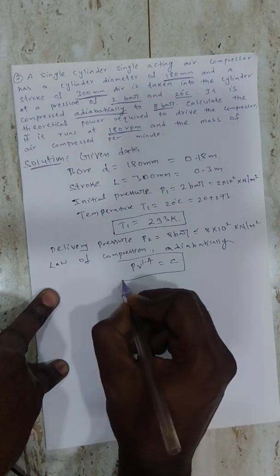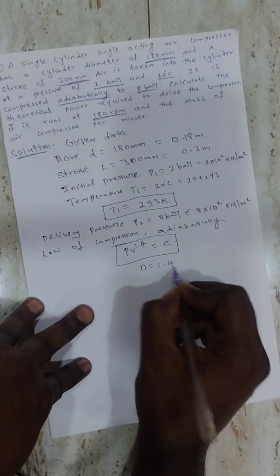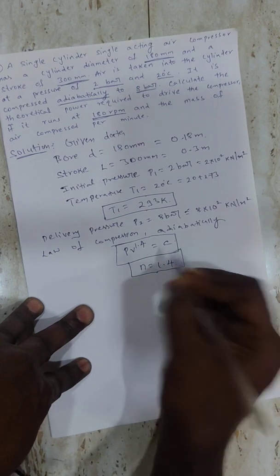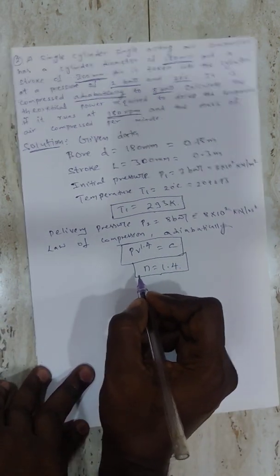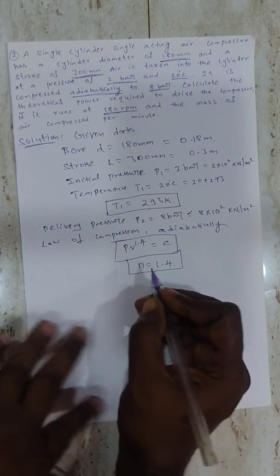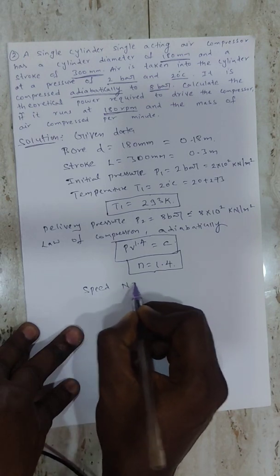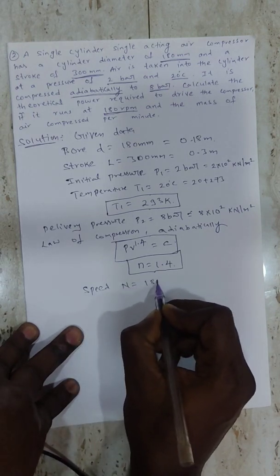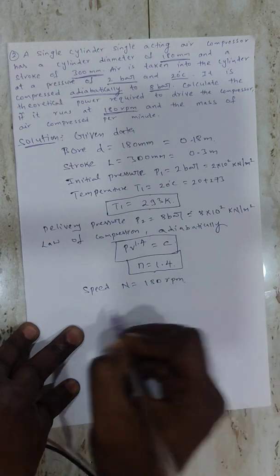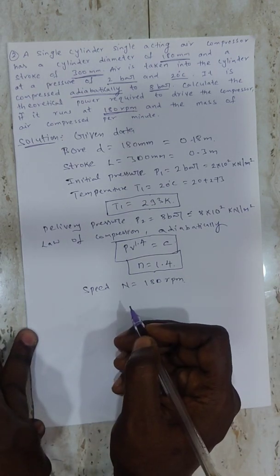Therefore, the n value will be 1.4. And he also has given the speed, n is equal to 180 rpm.